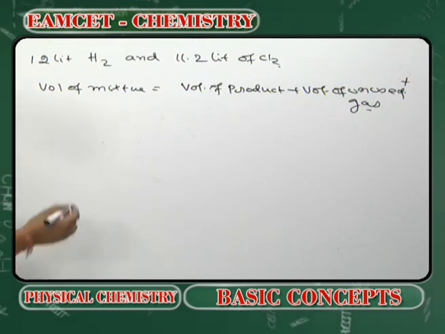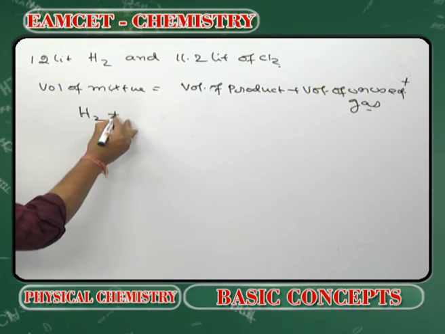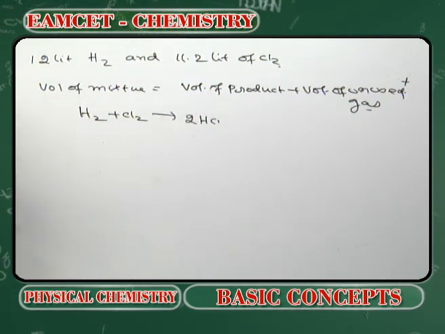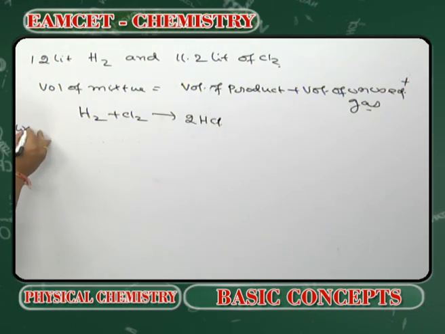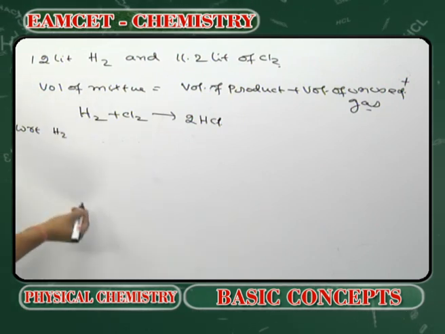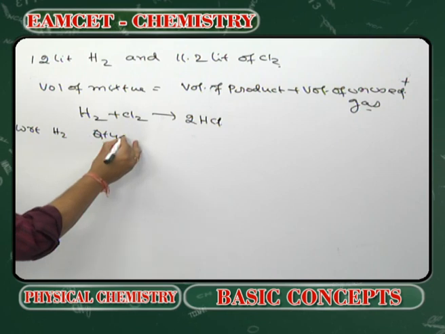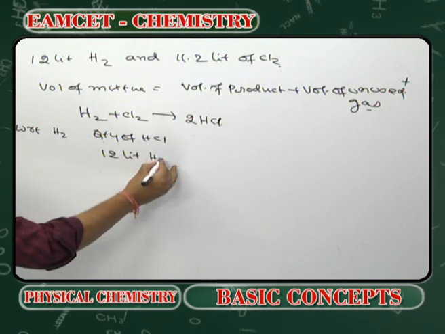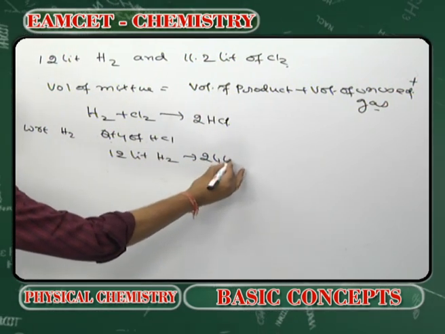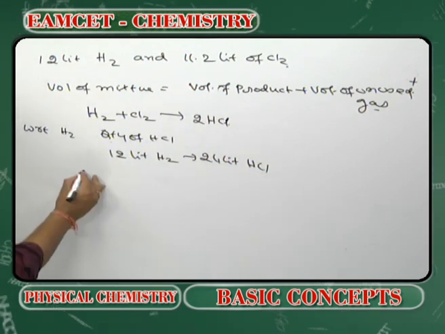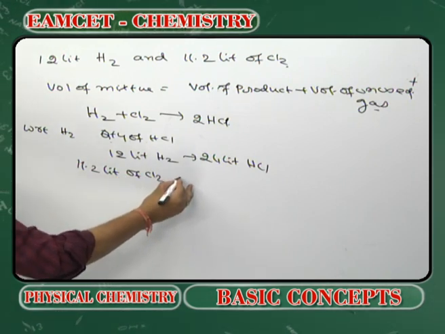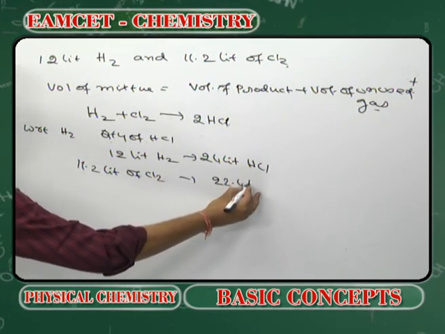Then at the outset, how to recognize the limiting reagent? Simple. Determine the quantity of the product with respect to both the reactants. With respect to hydrogen, what will be the quantity of HCl formed? 12 liters of hydrogen can give rise to 24 liters of HCl, and 11.2 liters of chlorine can give rise to 22.4 liters of HCl.